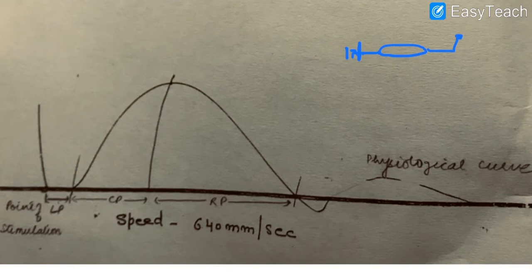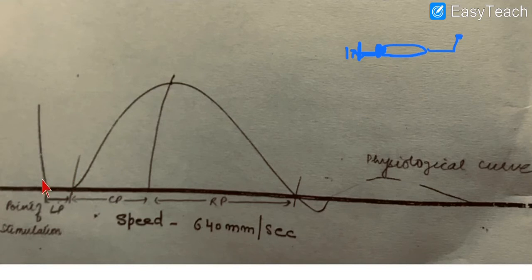Now, this impulse will travel along the nerve, will cross the neuromuscular junction, and will reach the motor end plate. Obviously, it will take some time, and during that time, from the point of the stimulus, we won't notice any contraction, because the impulse is traveling. Ultimately when the muscle contracts, this is the contraction point.